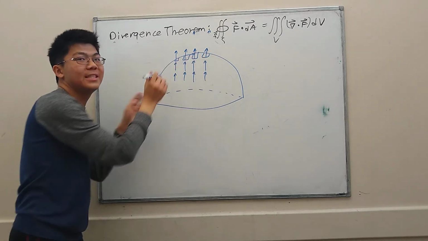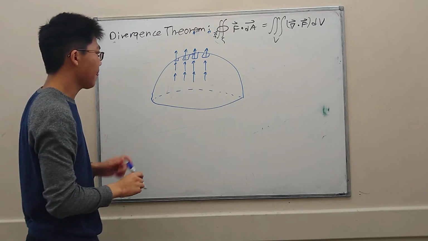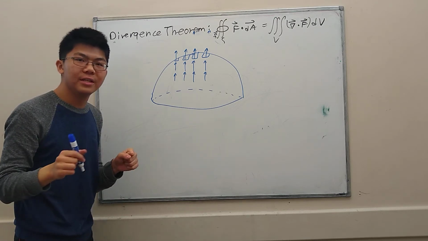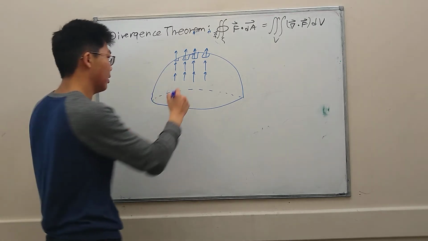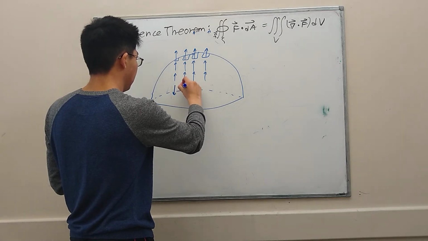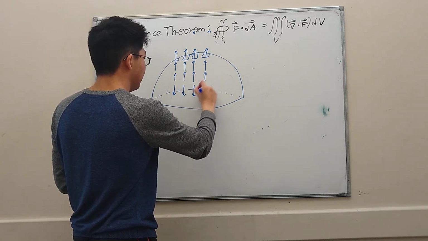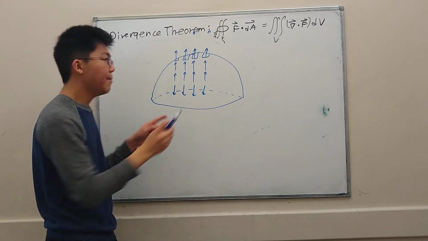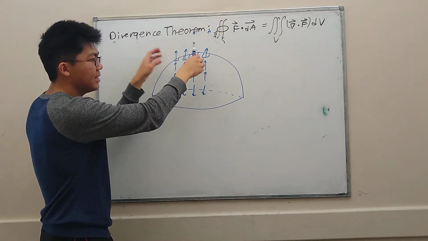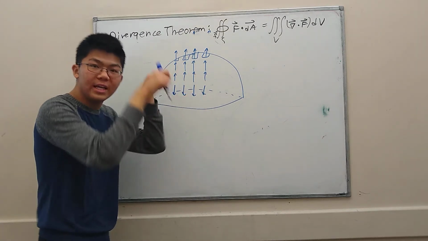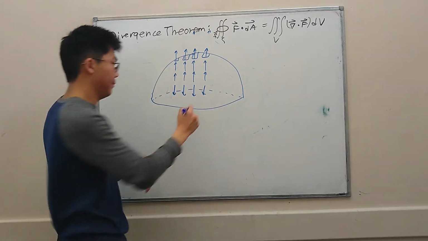So that's why I have these little shingles. Next, I'm going to have the vectors pointing downward. So again, they're the same length and magnitude as the upward portion, but now they're pointing in the opposite direction, downward.